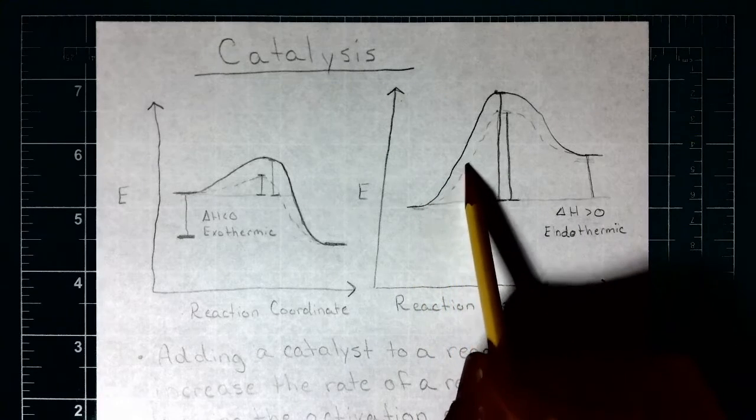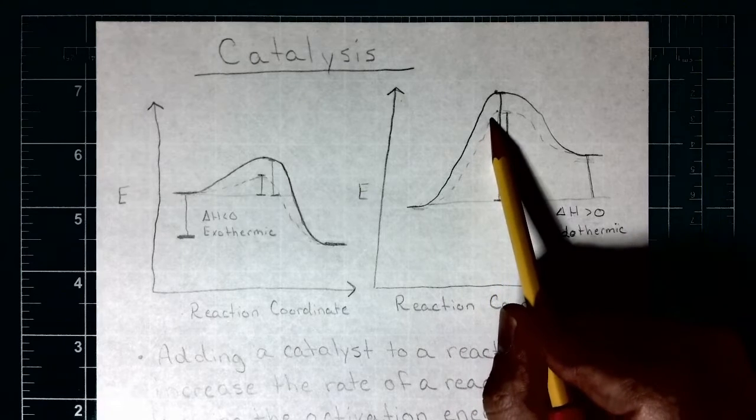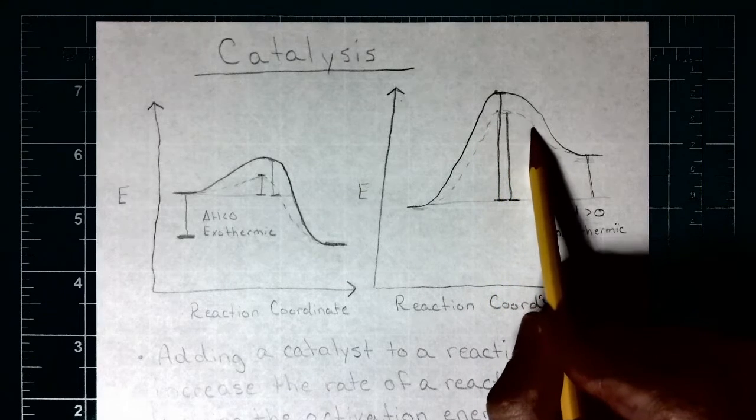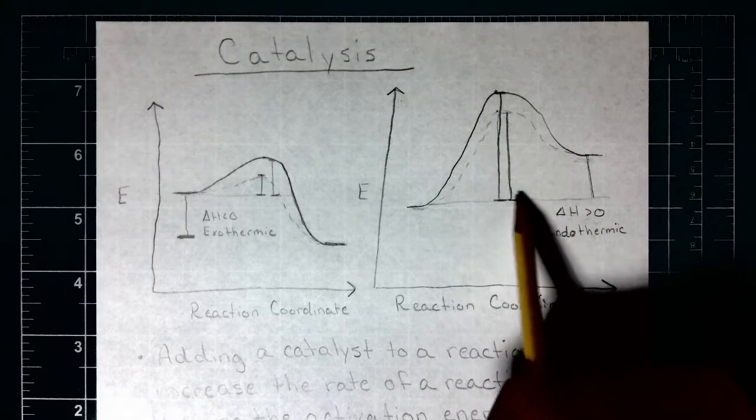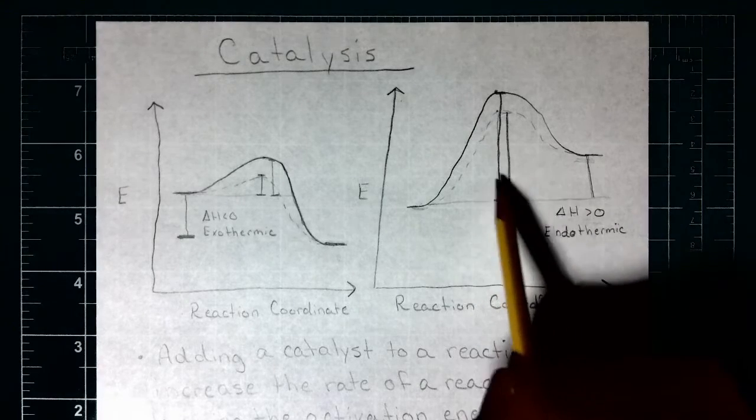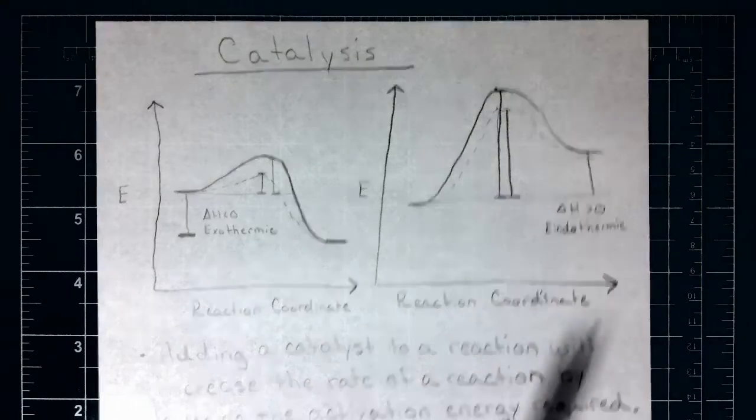And the catalysis does the exact same thing though. It's still going to lower the required activation energy to get to this state, and the effect it's going to have is going to be exactly the same. It's going to speed up the rate of that reaction.